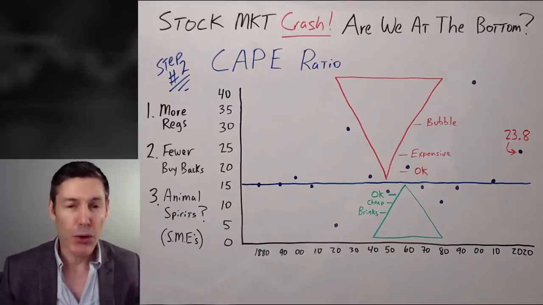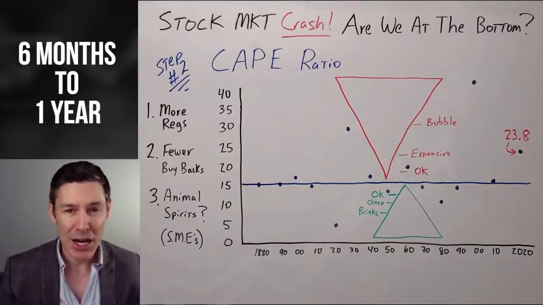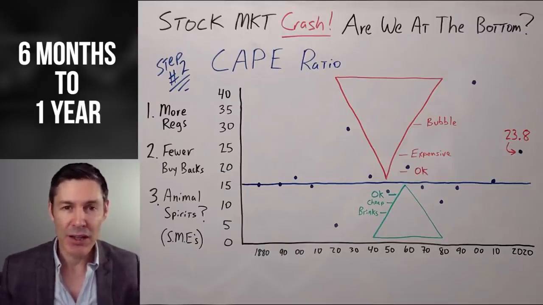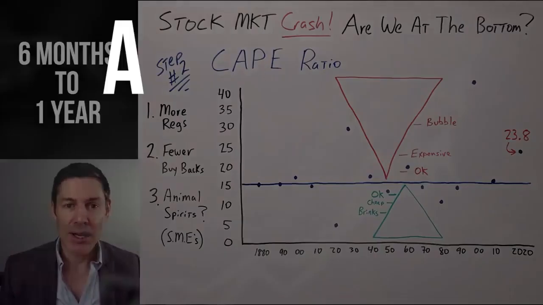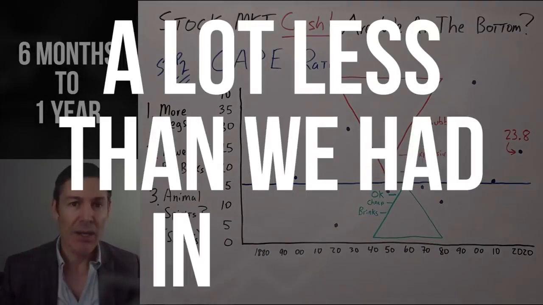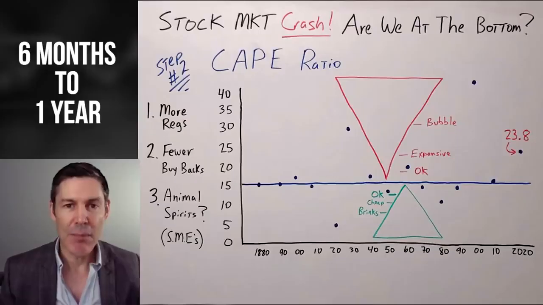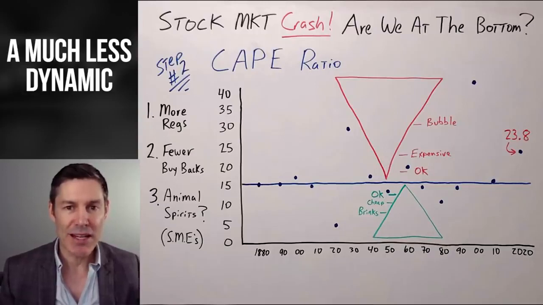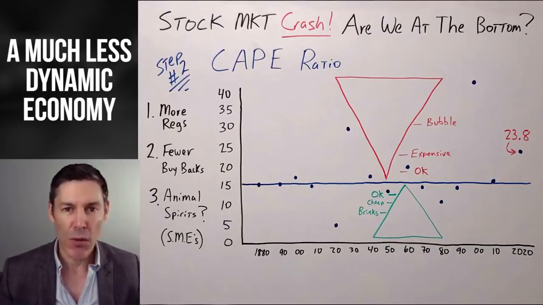And once we go through 6 months or a year of dealing with a pandemic, how many individuals are going to want to go out there and take their savings and risk it all? Probably a lot less than we had in 2019. And that means a much less dynamic economy moving forward, which makes the 23.8 on the CAPE ratio seem even more expensive.